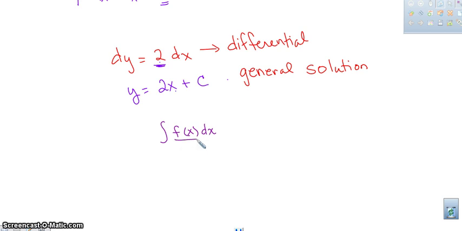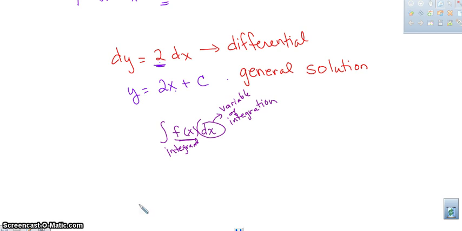So this part, the f of x, is what they call the integrand. This dx, remember how I said that was the small change? That's your variable of integration. And this tall, skinny S is just an integral symbol. That symbol means that you're going to integrate or take the antiderivative.